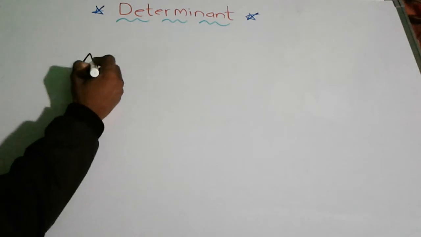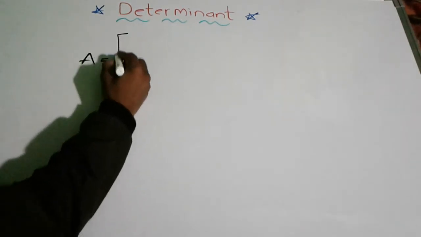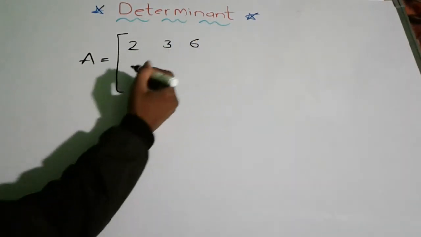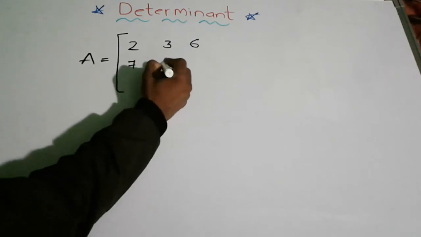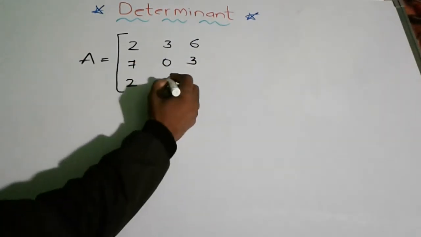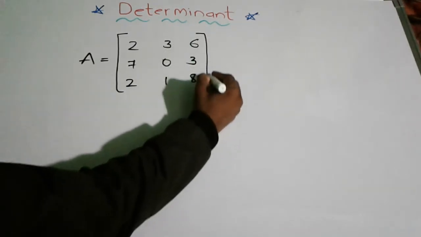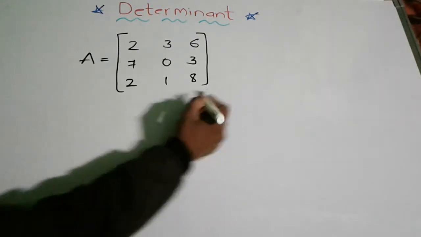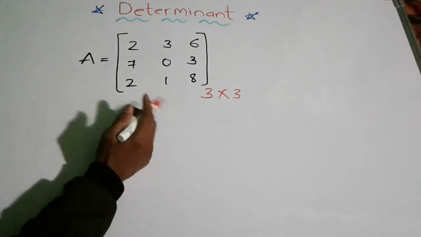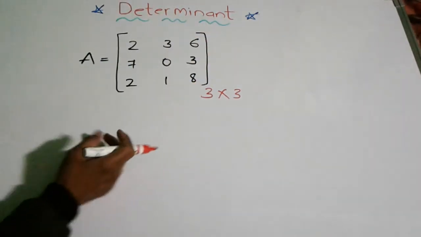Let's say A is the matrix and entries are 2, 3, 6, 7, 0, 3, 2, 1, 8. So this is the 3 by 3 matrix, because rows are 3 and columns are 3.